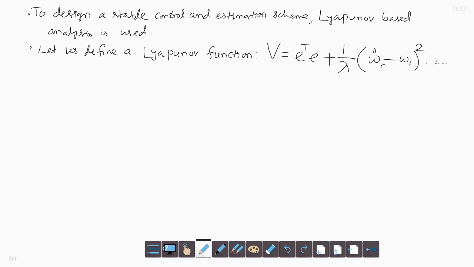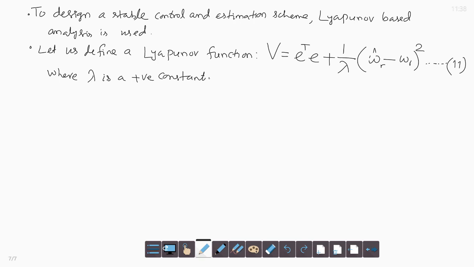The previous equation was 10, let this equation be 11. Here lambda is a positive constant. E is the state error x minus x hat, and the last term is the speed estimation error.